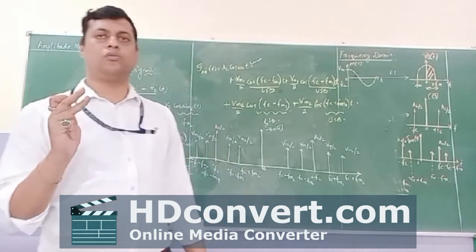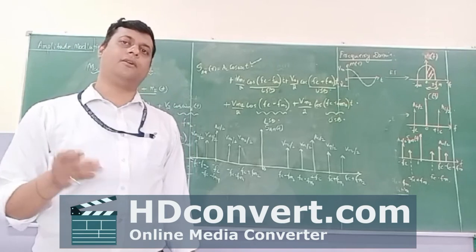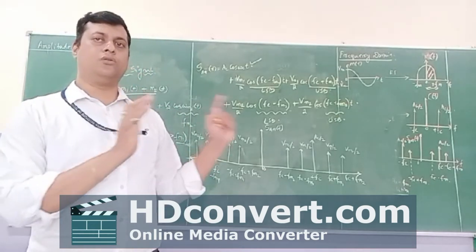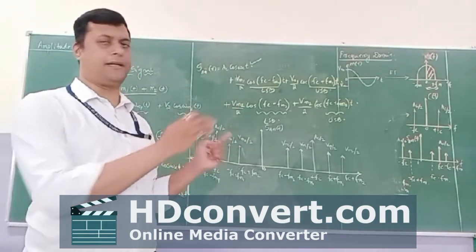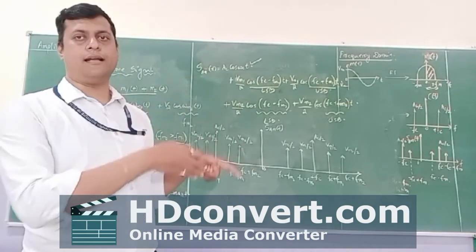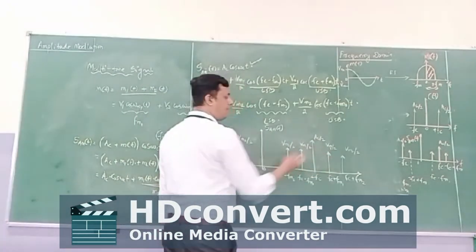Here there are two modulating signals, which means it is a multi-tone signal. Here we have considered two signals, which is called multi-tone. So two signals means four spectral components will be available on each side of our carrier. So this is our carrier and there are two components available.